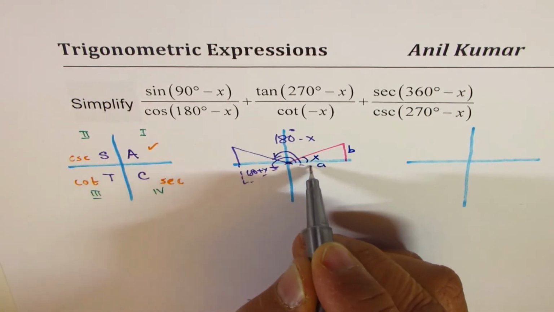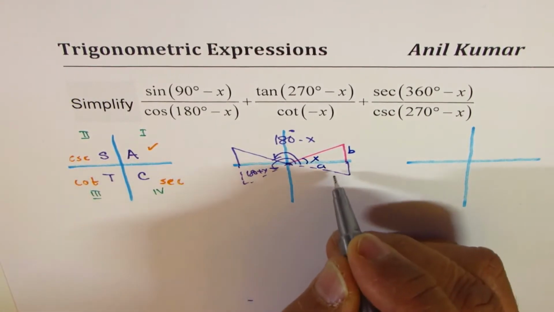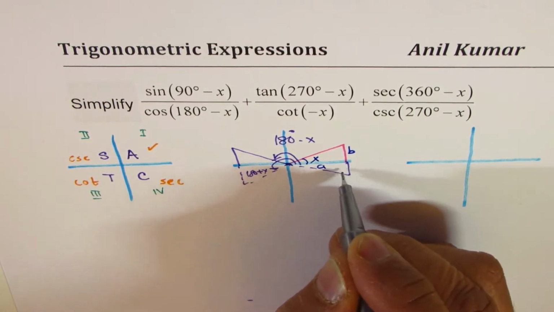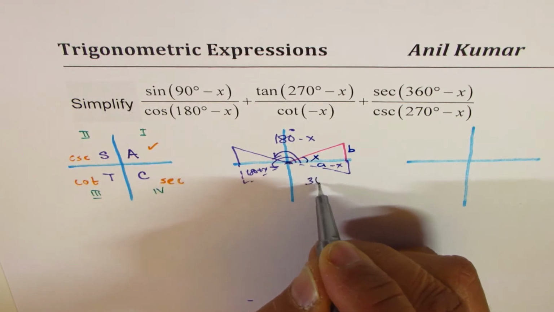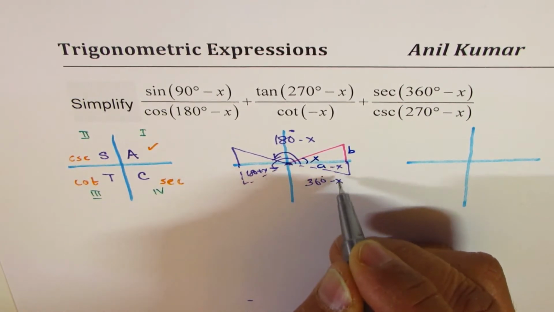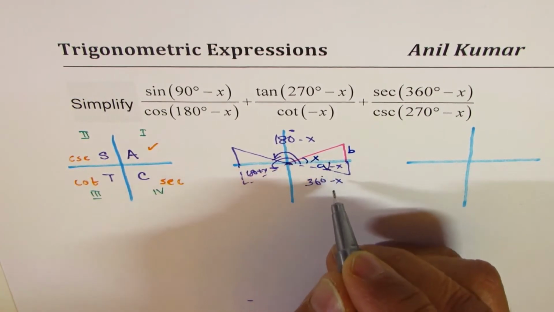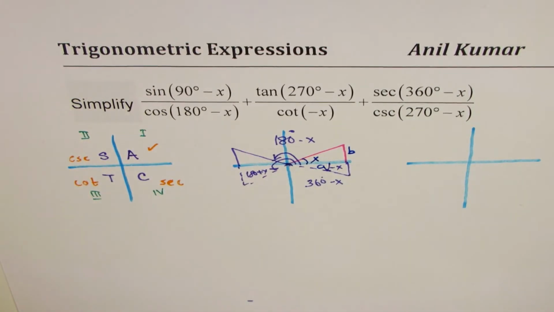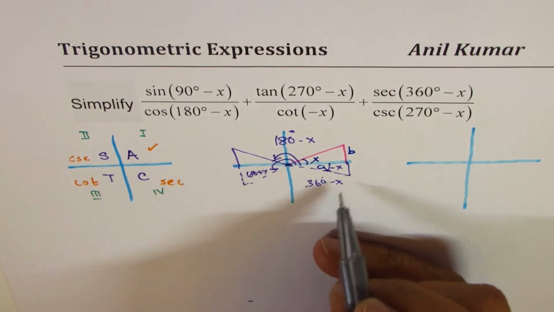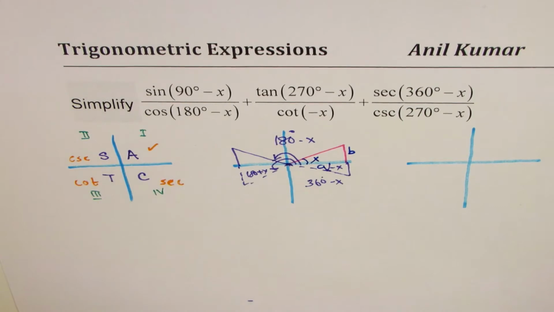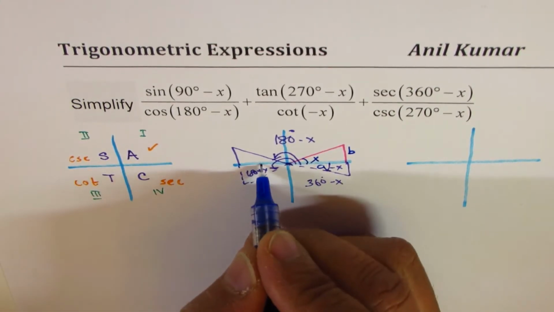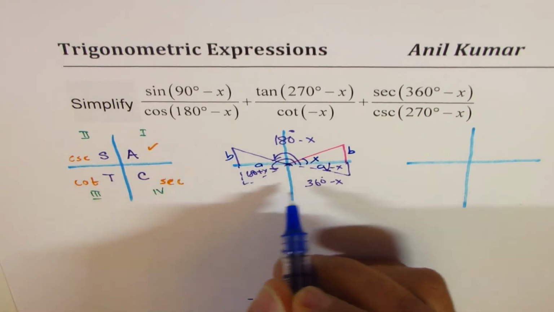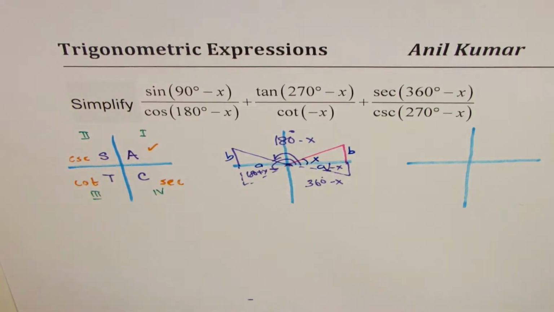I could also do this portion, which could be either minus x or you could say 360 degrees minus x, one and the same thing. Is that okay? So you could go clockwise saying minus x. But in all these diagrams, what you see is base remains base. I mean, A and B remain as they are. They don't flip the position.